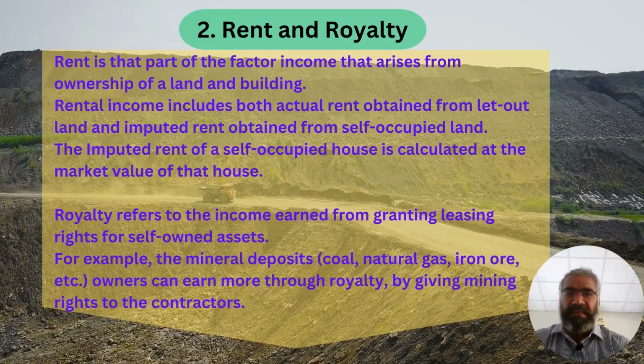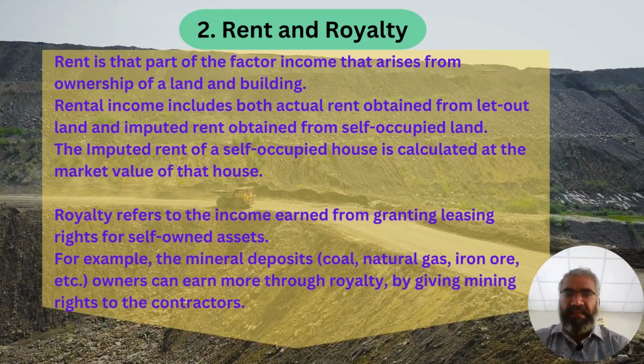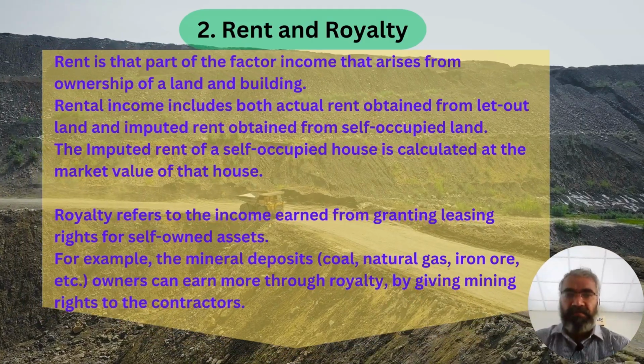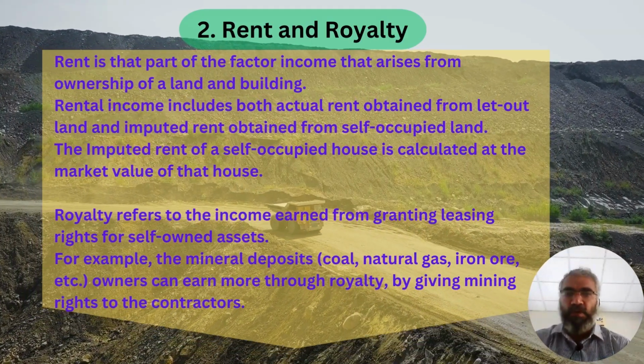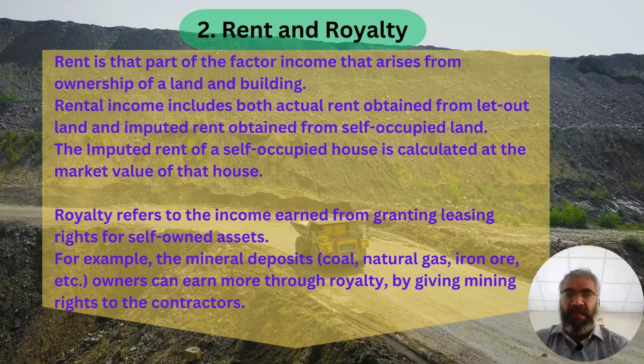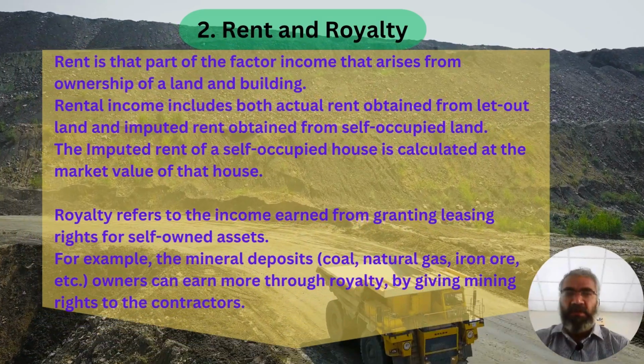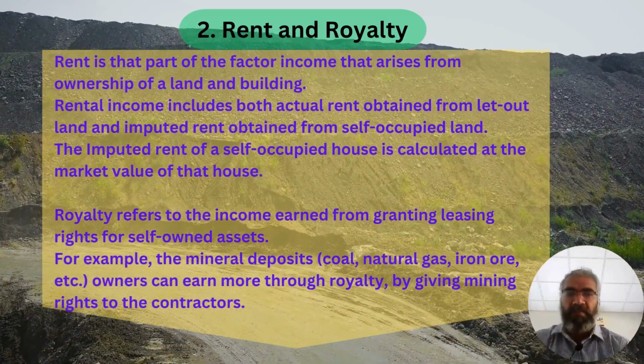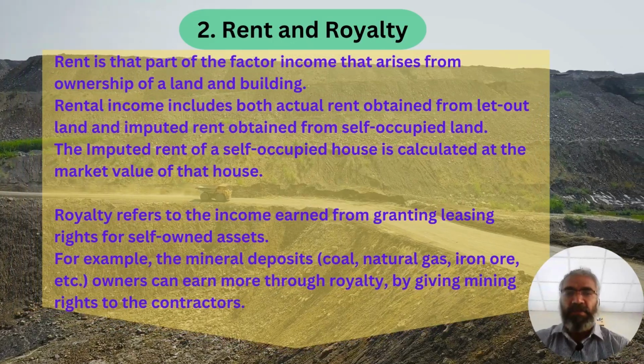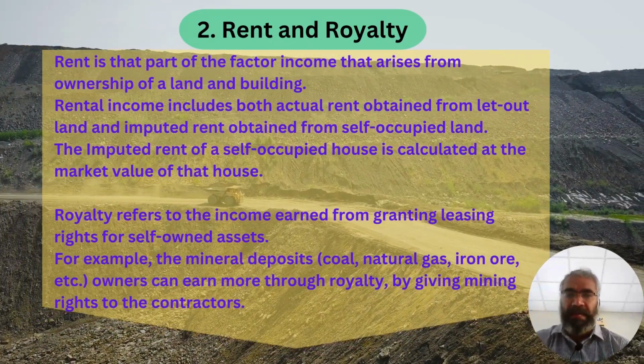Number two, rent and royalty. Rent is that part of the factor income that arises from ownership of land and buildings. Rental income includes both actual rent obtained from let out land and imputed rent obtained from self-occupied land.